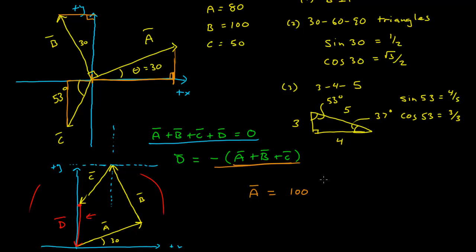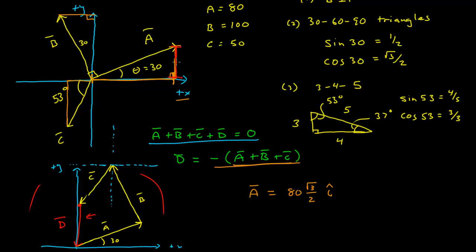Sorry, A is length 80, times the cosine of 30 degrees, which is the square root of 3 over 2, and it is in the positive x direction. All right, so that's the x component. So in the y, I'll get a different color.